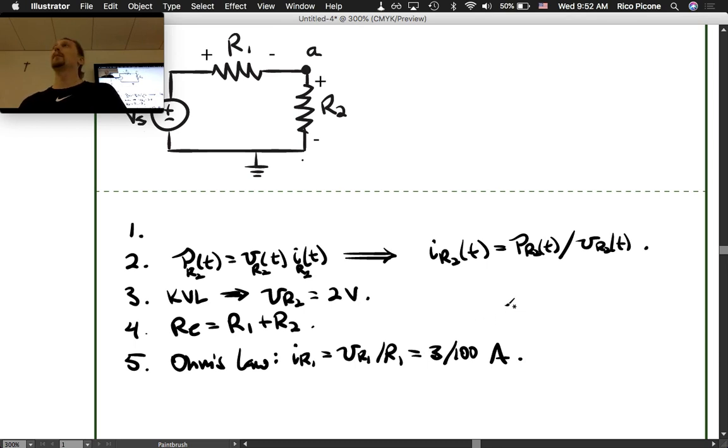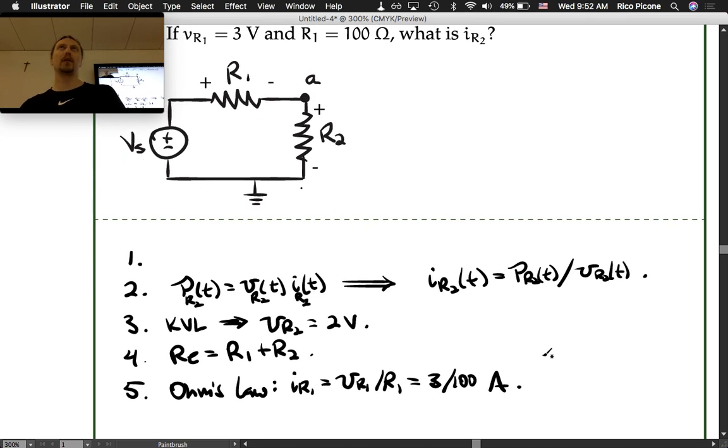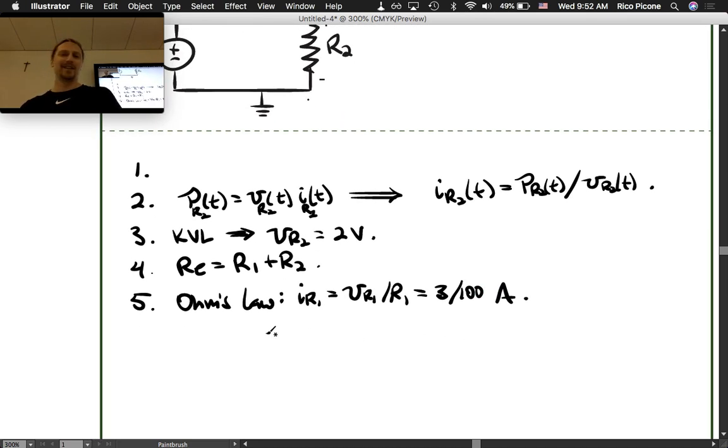Can you use 30 milliamps? Yes, 30 milliamps. You're right, 30 milliamps.